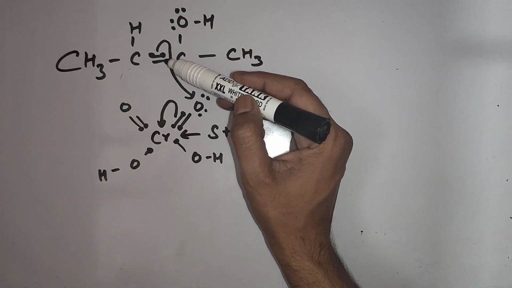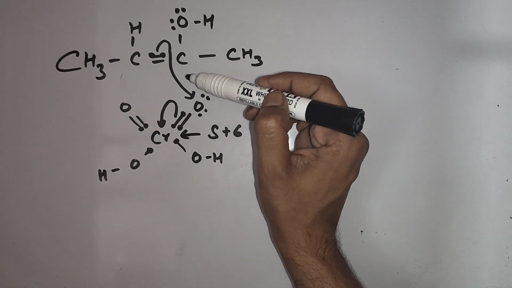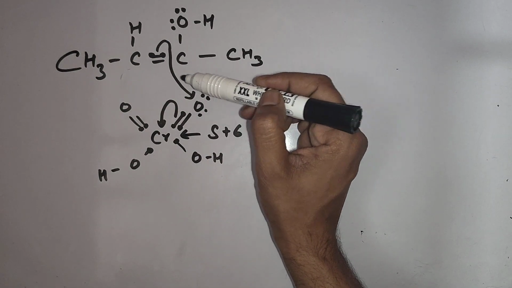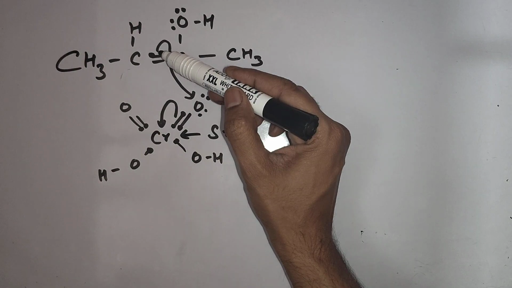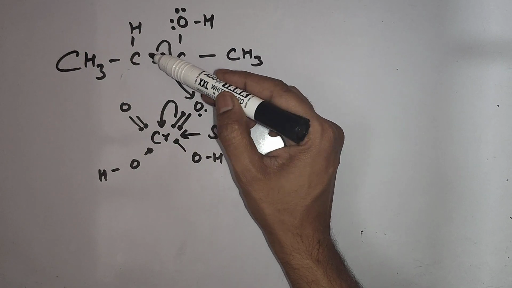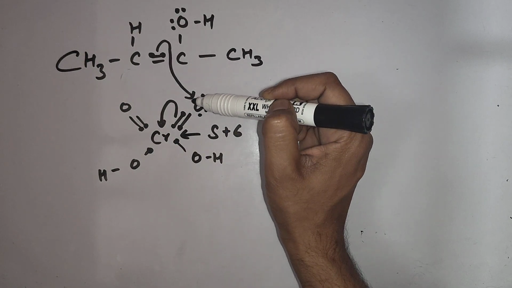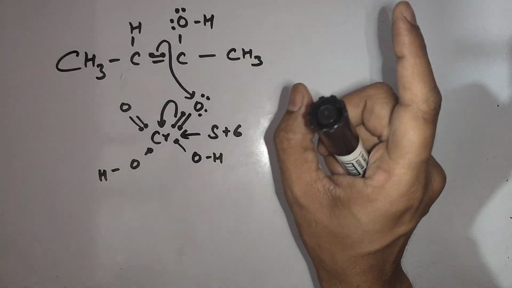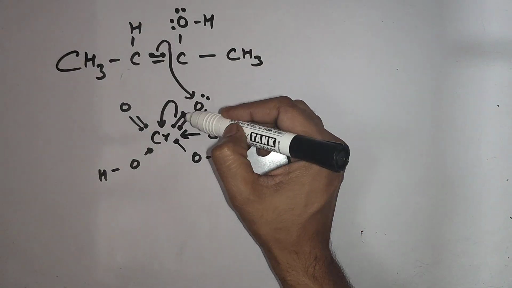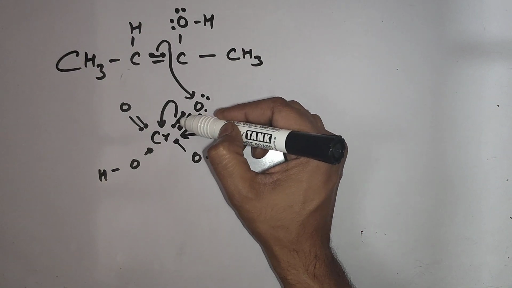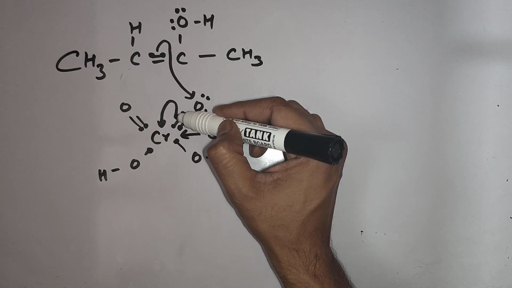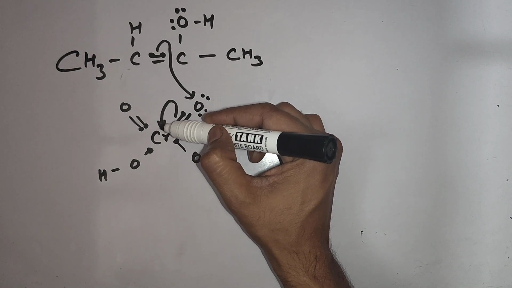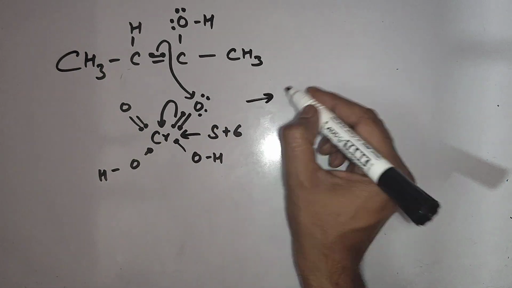Check. This oxygen is coming near this carbon, so it will attract electrons. Which electrons? Pi electrons. These pi electrons will come toward oxygen, and obviously oxygen is stable in making two bonds. So this bond will break and these electrons, due to repulsion, will be further pushed toward chromium. Now what will be the next condition?